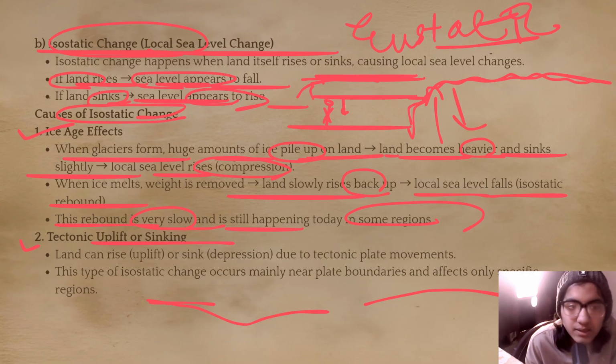No, it sometimes takes decades for land to rise again. Tectonic uplift or sinking: land can rise (uplift) or sink (depression) due to tectonic plate movements. This type of isostatic change occurs mainly near plate boundaries and affects only specific regions.